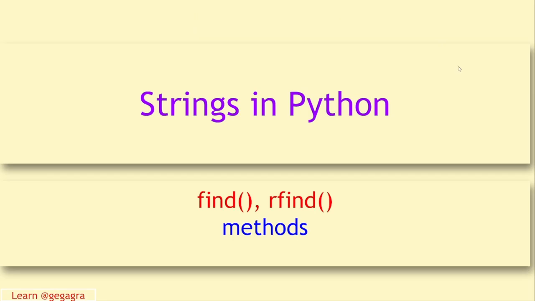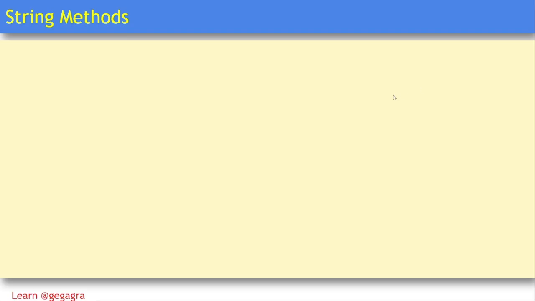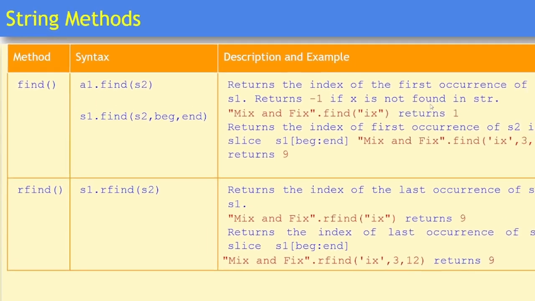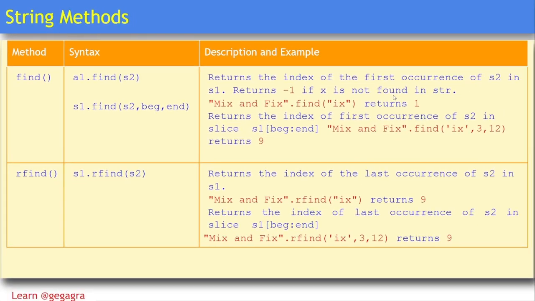So this is a presentation, and over here I'll show you how to use find and rfind. If you want to find a string within a big string, suppose here I have the string a1 and I want to find the index of s2. So how does it work?